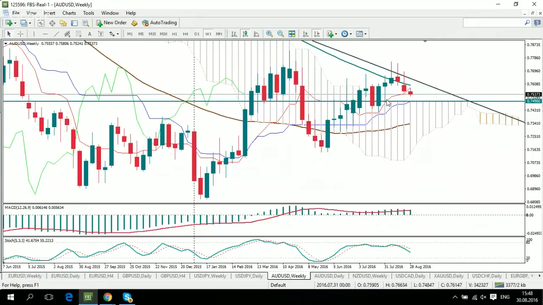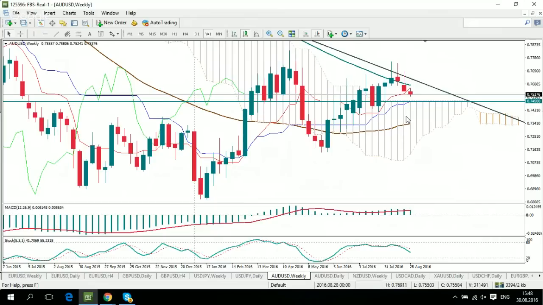This means that here we will have a support level. Also, this is roughly the minimum of one week at the end of July. So maybe this is the first bearish target, and here the pair will make a stop.